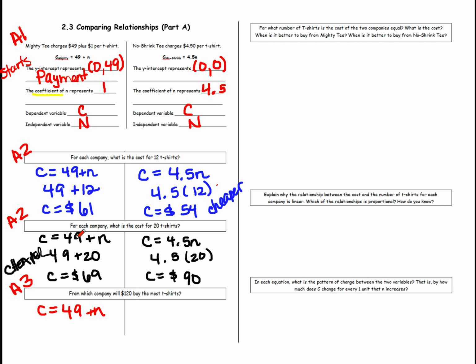So this time I'm going to put 120 down here equals 49 plus N. Now this is asking us, 49 plus what would give me 120? If that doesn't come to you right away, just subtract 49 from both sides. And the 49s cancel. And 120 minus 49, I'll give you a second to do the math on that.